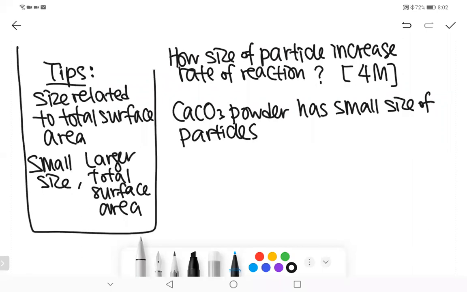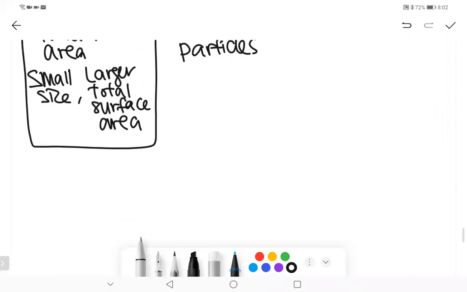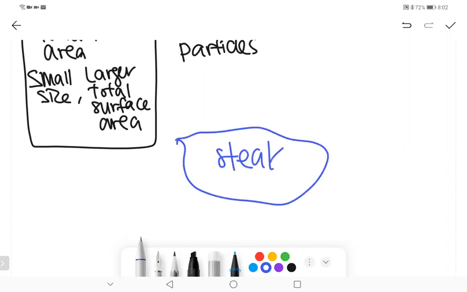What do we mean by this? For example, if you have a big steak and you want to cook it, all this red color is the area exposed to heat.